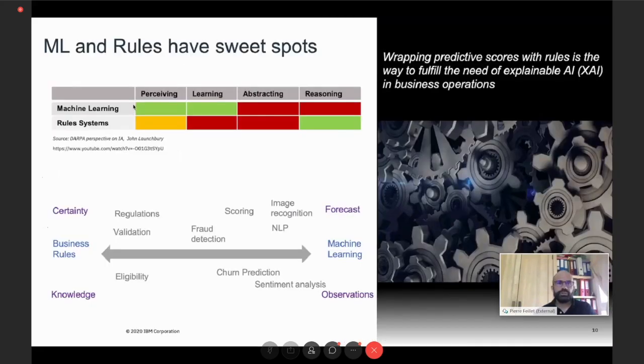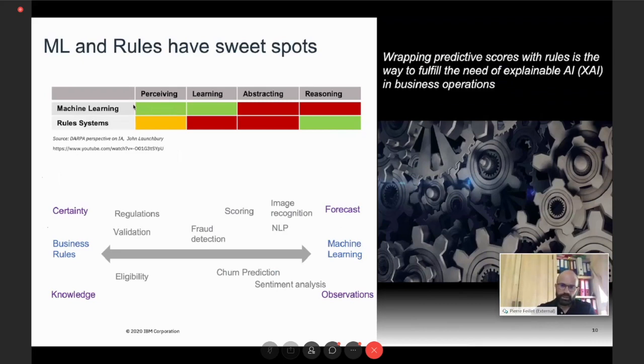Yeah. So ML and rules, they have sweet spots, and very often we have heard that ML was replacing all the other parts of AI, including optimizations, and I disagree with that. Here you have, coming from DARPA, sweet spots of machine learning and rule systems. The main part here is that rule systems are good at reasoning.